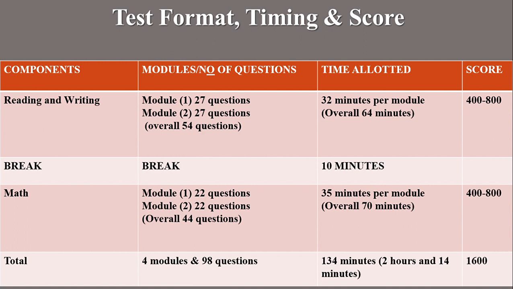So what I have here on the table is the final score you get. You're graded from 400 to 800 in a section. So the reading and writing section, you'll be graded from 400 to 800. The math section, you have 400 to 800. So in total, you have a total score of 1600.